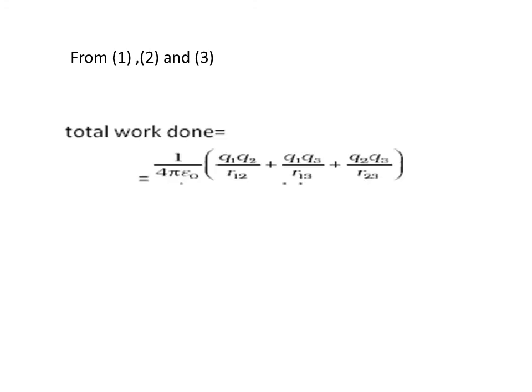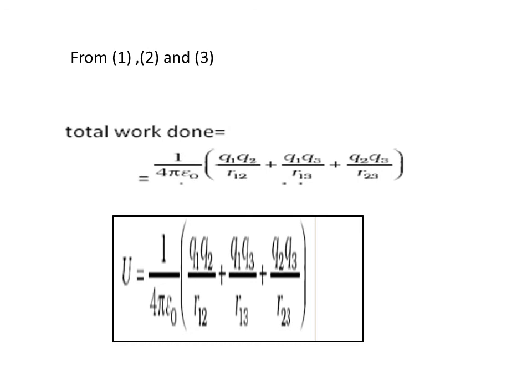Add those equations together, we will get the total work done. Total work done is equal to 1 by 4 pi epsilon 0 into q1 q2 by r12 plus q1 q3 by r13 plus q2 q3 by r23. Work done gets stored as potential energy. So potential energy of the system of three charges is equal to 1 by 4 pi epsilon 0 into q1 q2 by r12 plus q1 q3 by r13 plus q2 q3 by r23.